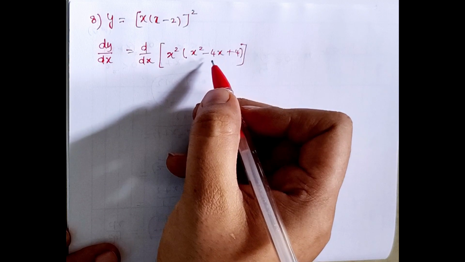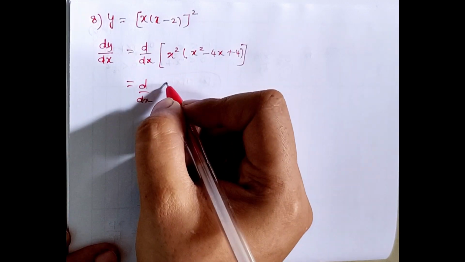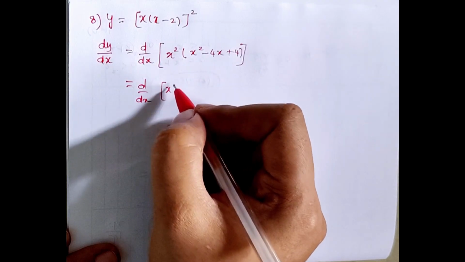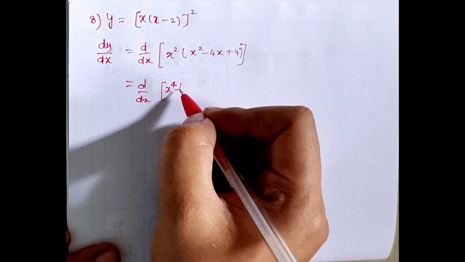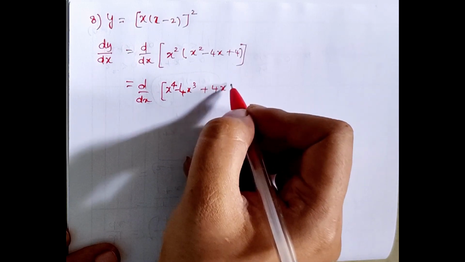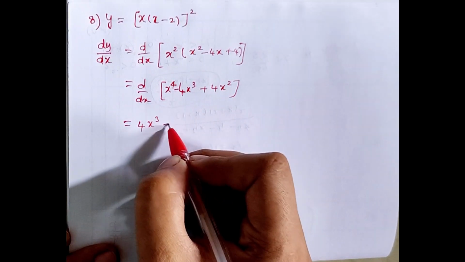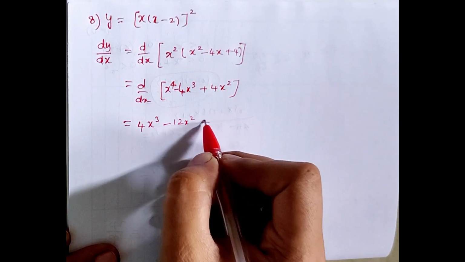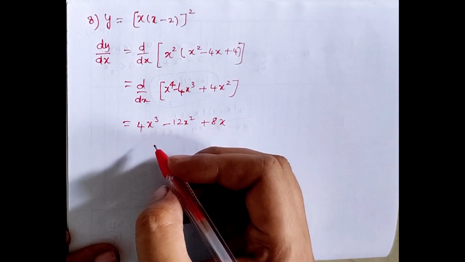Either you can use the UV method or you can multiply and differentiate. So we get x square into x square, it is x power 4, minus 4x cube plus 4x square. Now we'll differentiate. We'll get 4x cube minus 12x square plus 8x. This is the first derivative.